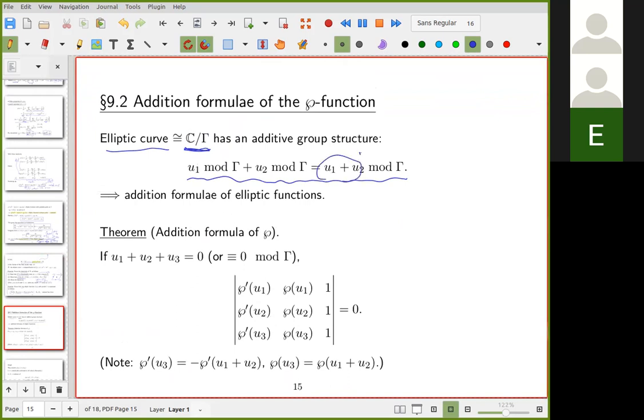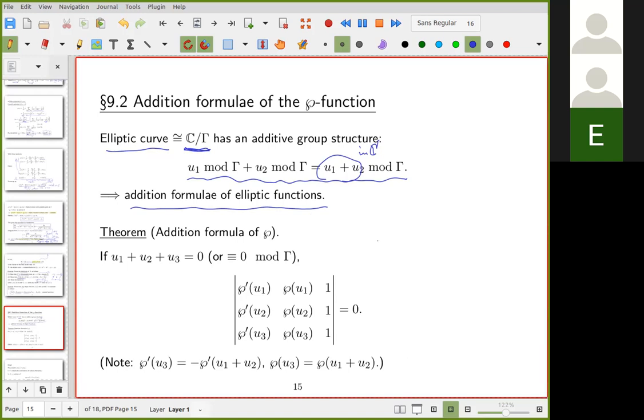Namely, since gamma itself has an additive group structure, an additive subgroup of the group of complex numbers, this quotient also has a group structure. And from this actually follows the addition formula of the P function.